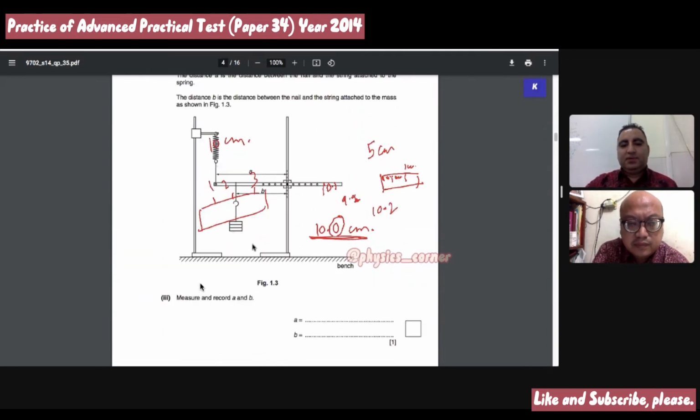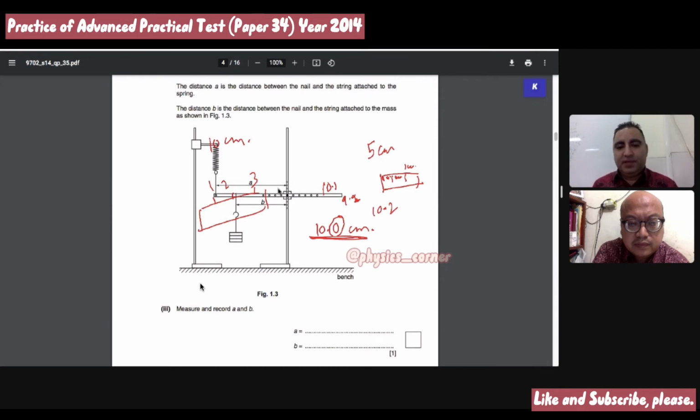Then the second case, here they will again have A and B. A is also length, B is also length. Again, you will have to be very careful. Suppose A is 8 centimeter and B is 6.2 centimeter. B, no problem, they will write 6.2 centimeter.